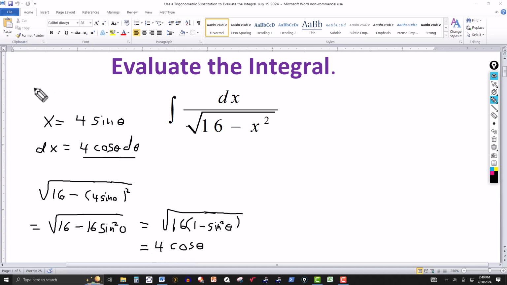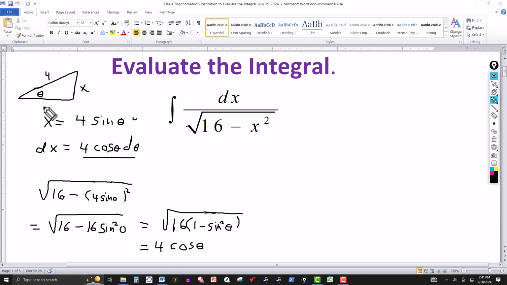Now sometimes you'll use a right triangle here. You pick your angle theta, and the x will be here, the 4 would be here, because from this statement, dividing by 4, I get sine of theta equals x over 4.